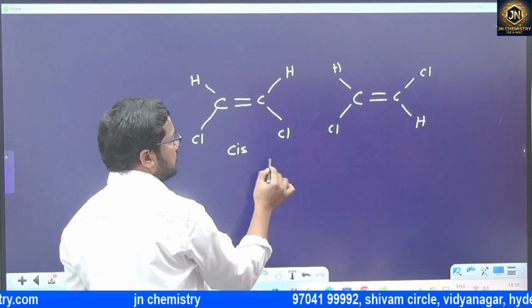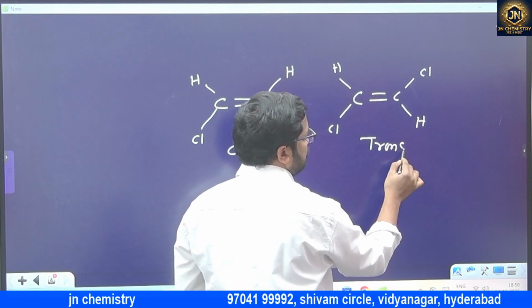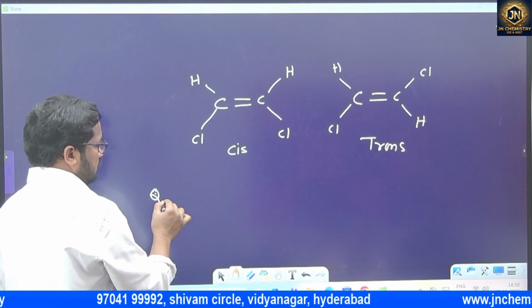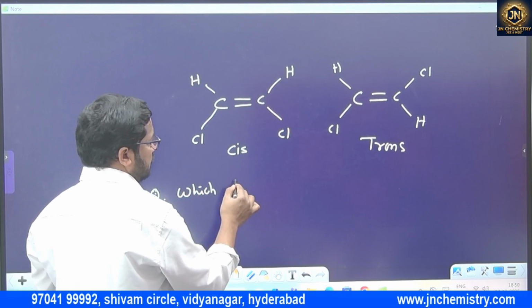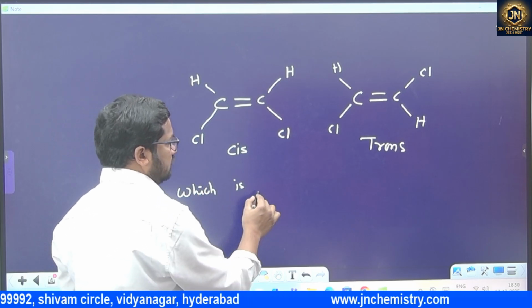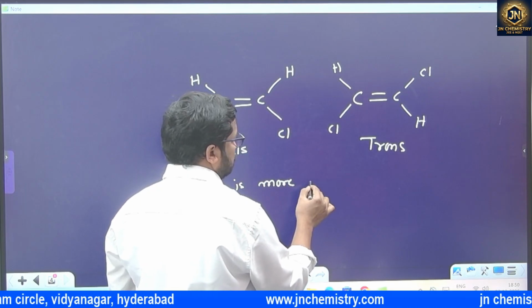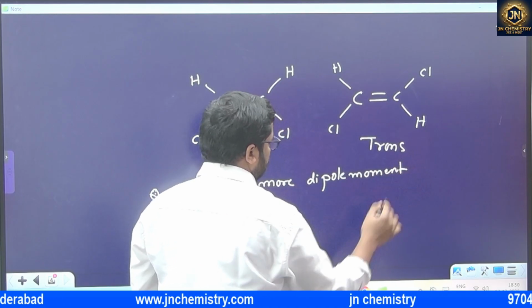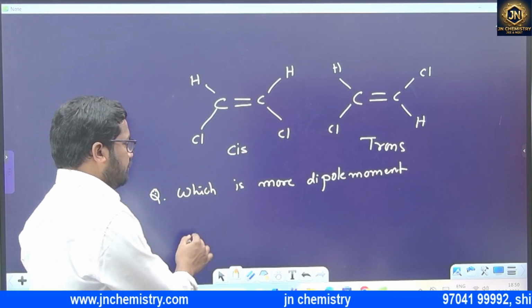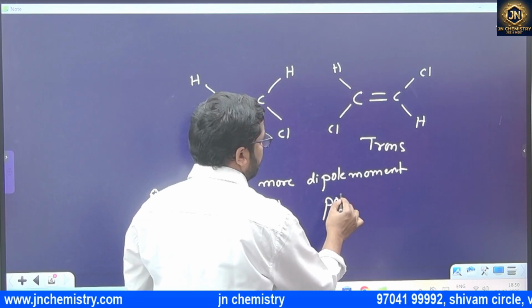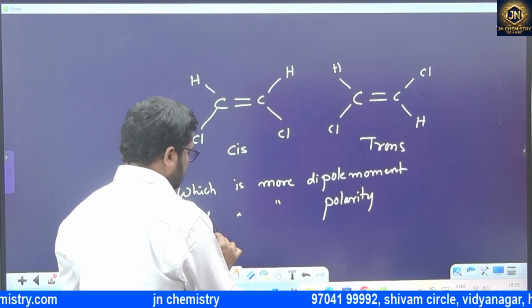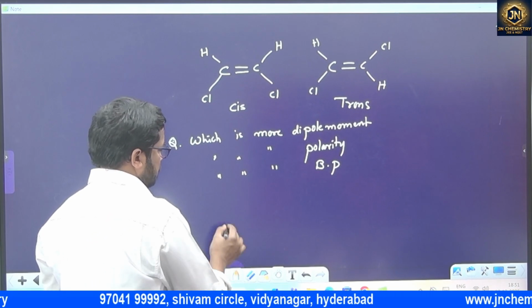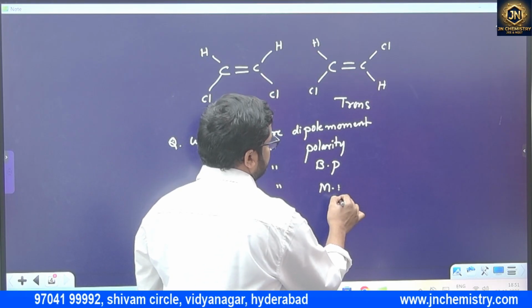We know cis, trans. Now the question is, in cis and trans, which has more dipole moment, more polarity, more boiling point, more melting point?